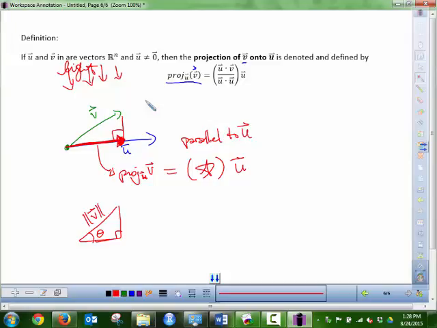So if I want to look for the side here, I can use one of the trig properties, right? This is adjacent over hypotenuse. What do you think of when you think of adjacent over hypotenuse? Cosine of the angle between them is equal to the adjacent side, the unknown side, over the hypotenuse, which is the length of v.